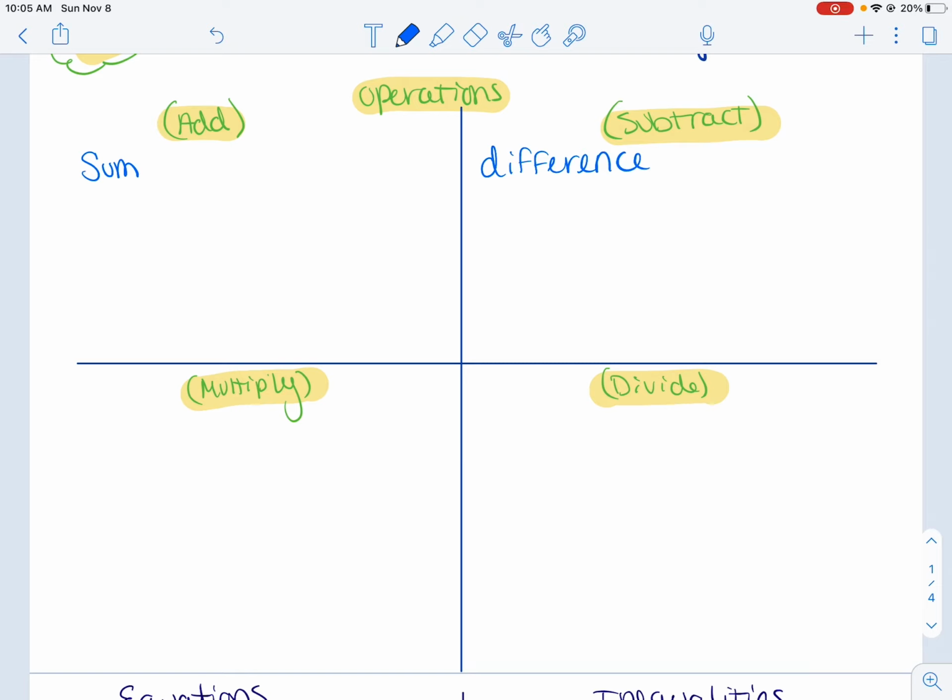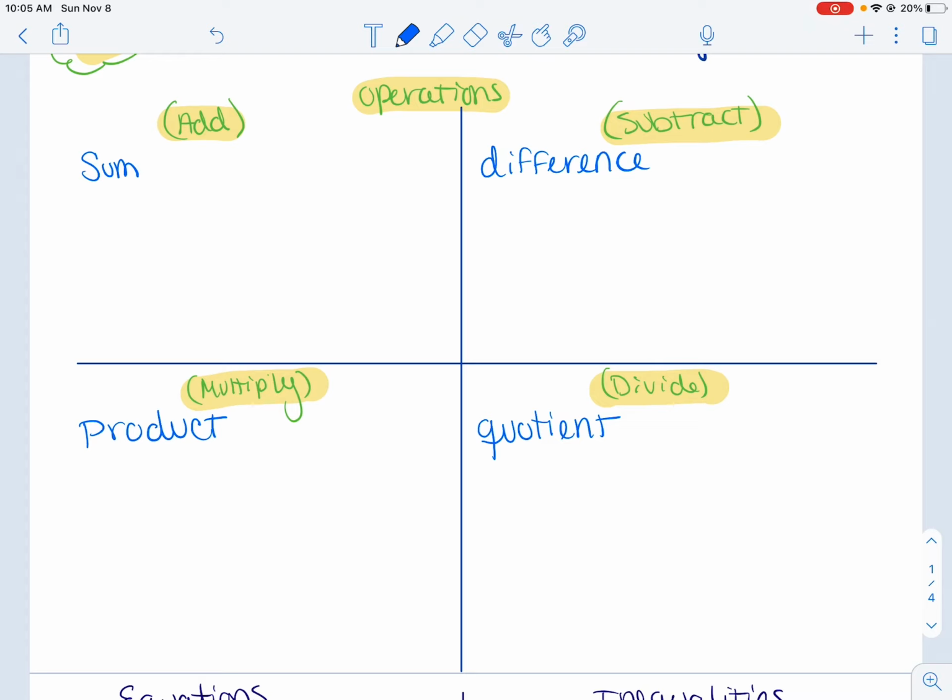The difference of 2 numbers is 2 numbers that have been subtracted. Multiplication, the word we can use for that is product, and division is quotient, all right? And all 4 of those words are talking about the result after you do the addition, subtraction, multiplication, or division. That's an interesting piece, and we're going to talk about that as also sort of a grouping word in a second as well.